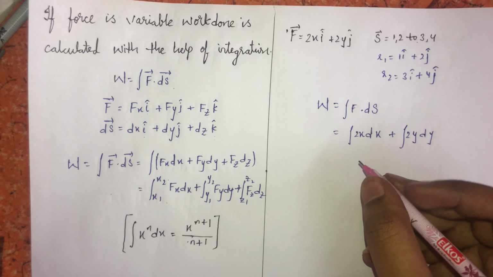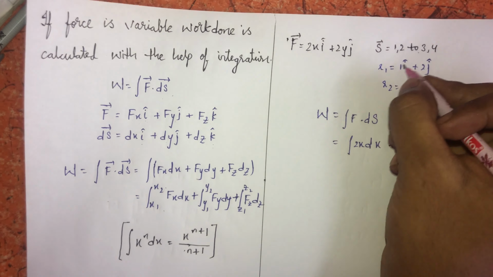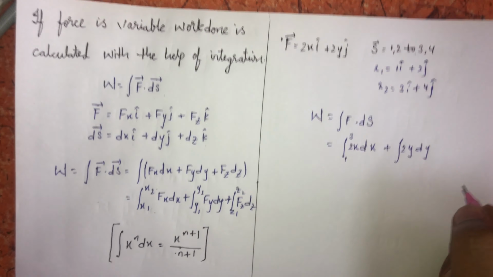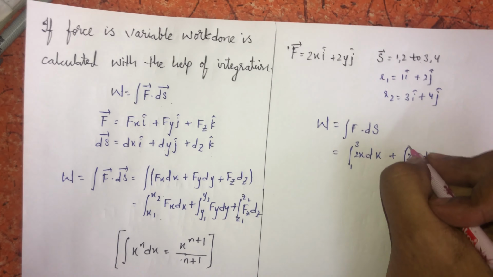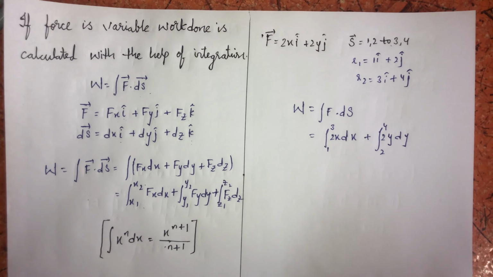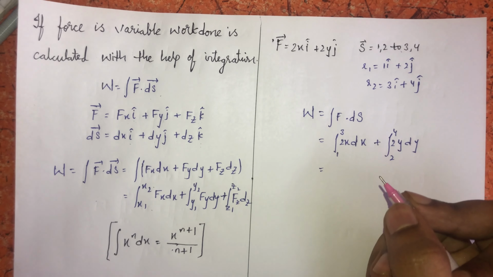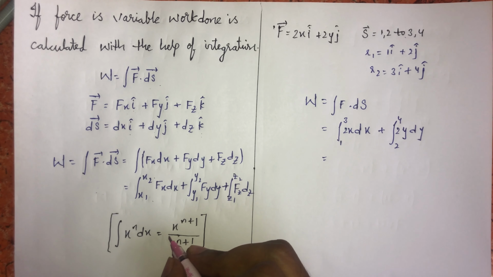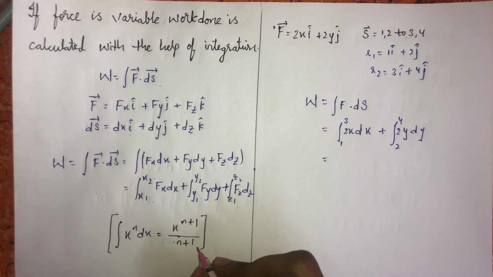Now writing the coordinates of the x-axis and the y-axis. Coordinates of the x-axis are 1 to 3, and the coordinates of the y-axis are 2 to 4. Then with the help of the integration formula, the integration of x to the power of n dx will be equal to x to the power of n plus 1 by n plus 1.